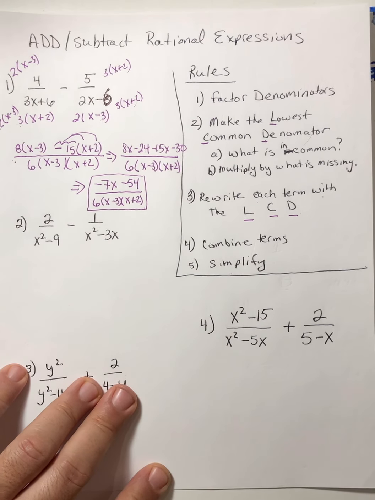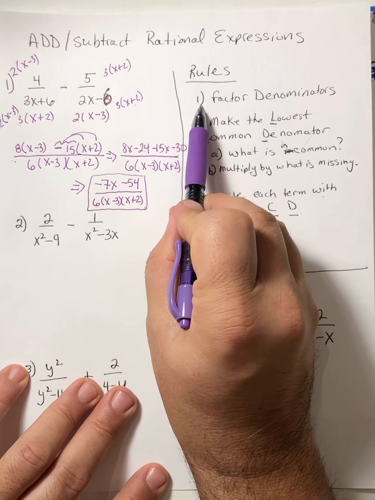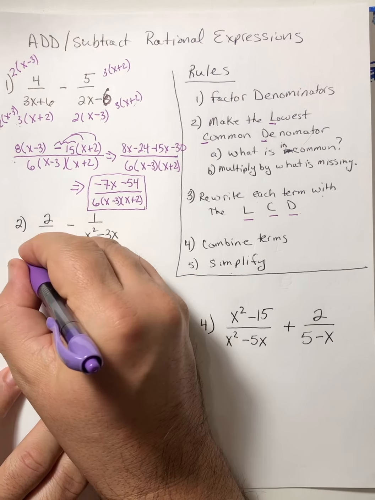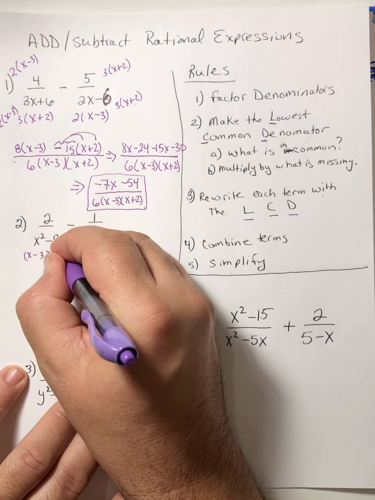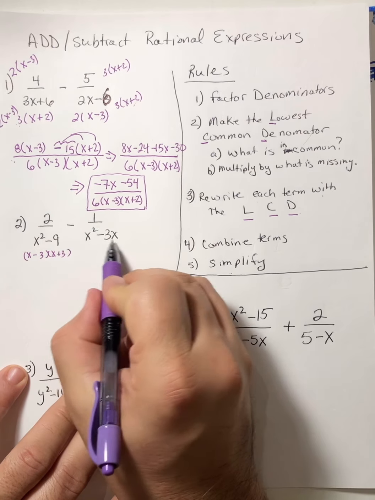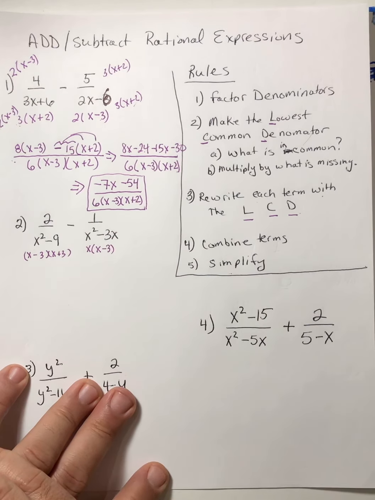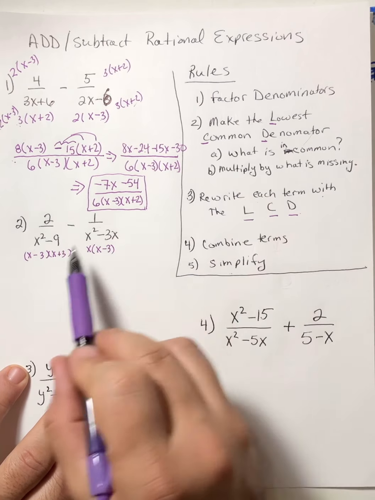All right. Number 2. That's right. Step 1, factor your denominators. So that gets factored: x minus 3, x plus 3. Factor x, parentheses, x minus 3. Okay, now we're making the common denominator. What do they have in common?